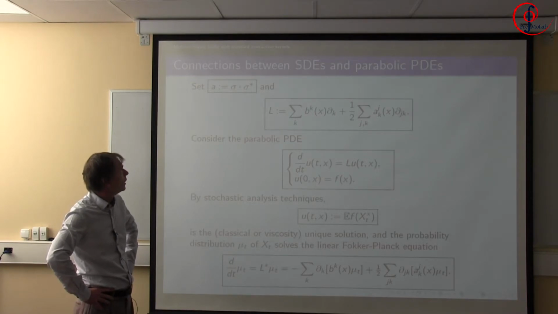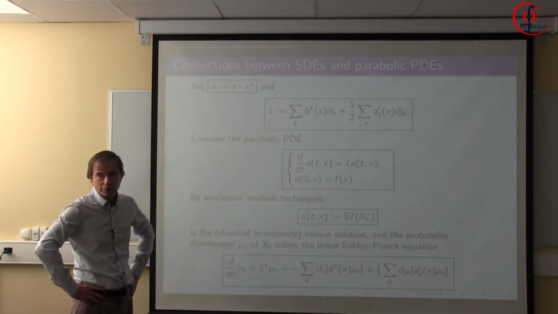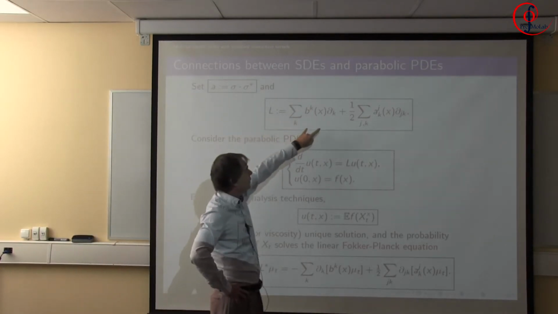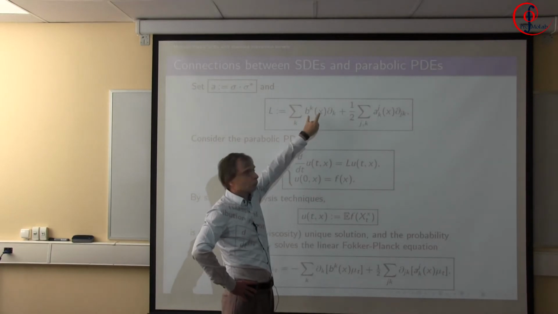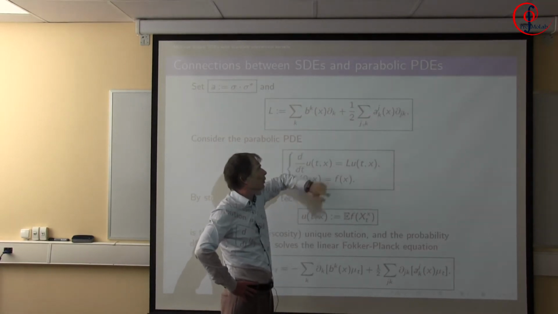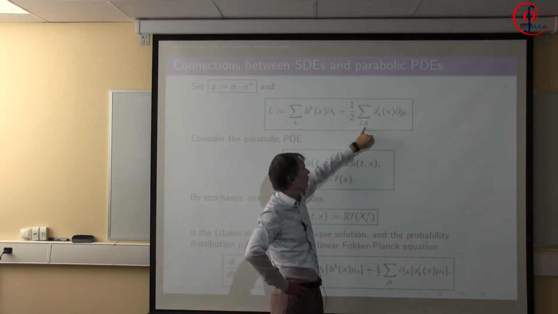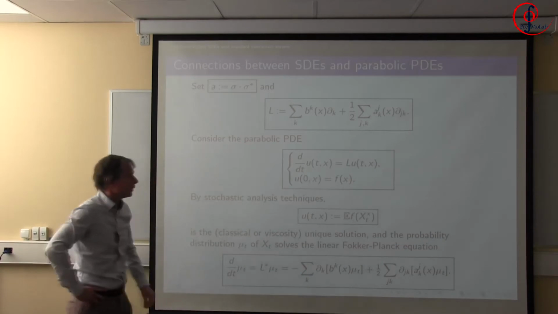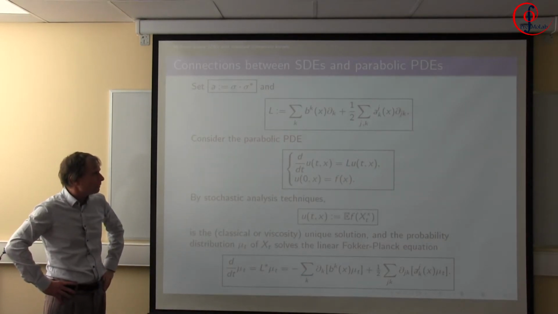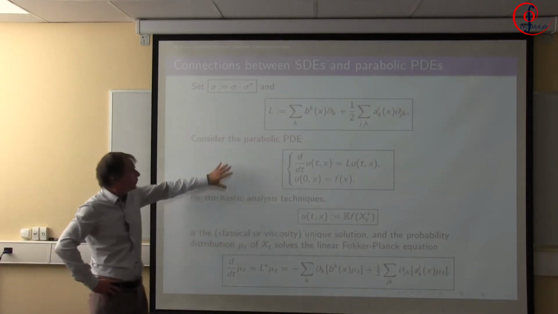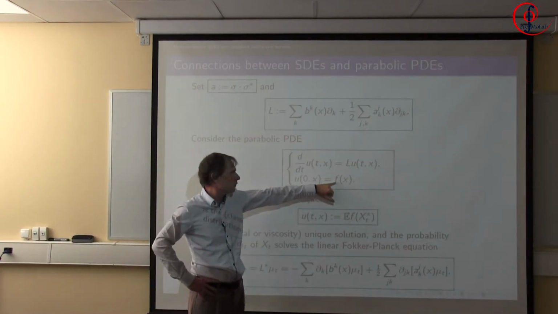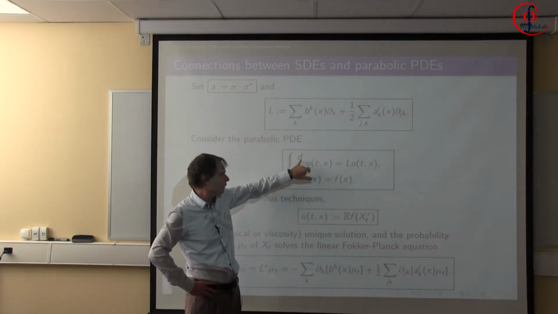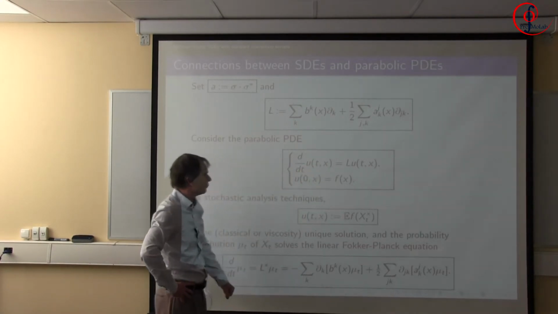So if A denotes the matrix sigma sigma star, if capital L denotes this differential operator, so the gradient of b scalar gradient, plus 1/2 the sum over g, k of A g k times the second derivative with respect to the directions g and k. So look at this parabolic problem. So f is a test function, that's the initial condition of the PDE. And look at du over dt equal to L of u.